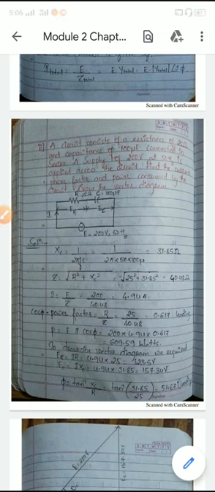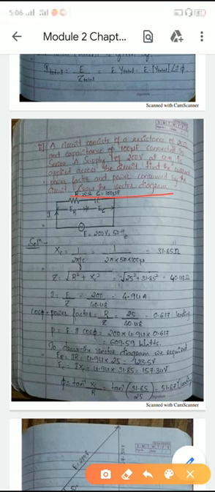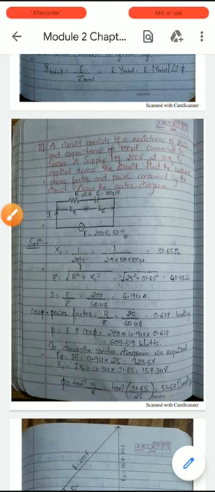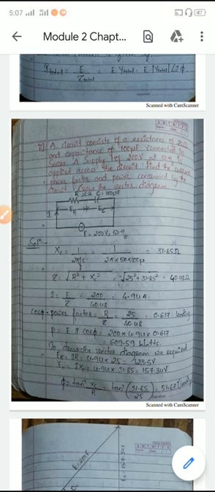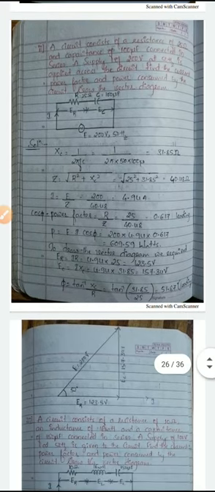Now, in order to draw the vector diagram, because at last that is what they asked, we need to calculate the values of ER and EC. Therefore phi is equal to tan inverse of Xc by R, that is opposite by adjacent side.